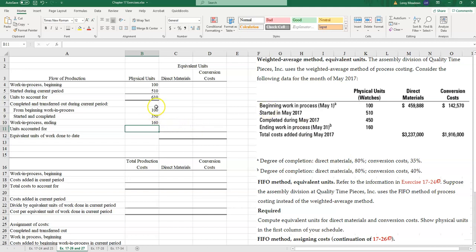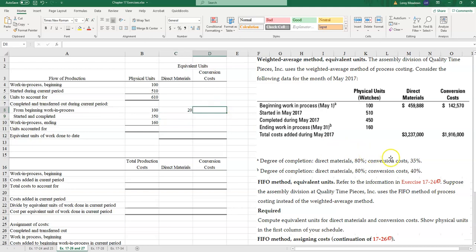So I'm going to take from my beginning work in process inventory, I'm going to take my 100 units and multiply that by the amount of direct materials I still have to add this period, not what was added before. So I only have to add the remaining 20%, and that gives me 20 equivalent units for direct materials from beginning inventory.